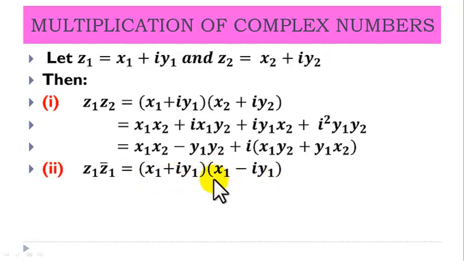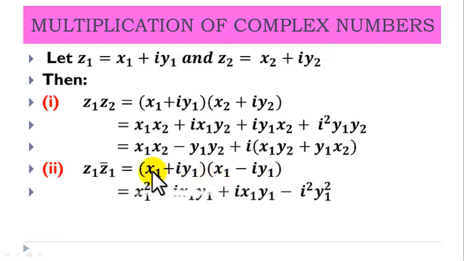Opening this bracket, we have x1 times x1 is x1 squared. x1 times minus iy1 will give us minus ix1 y1, plus iy1 times x1 will give us plus ix1 y1, then plus iy1 times minus iy1 will give us minus i squared y1 squared. Since i squared is minus 1, this will be plus y1 squared.